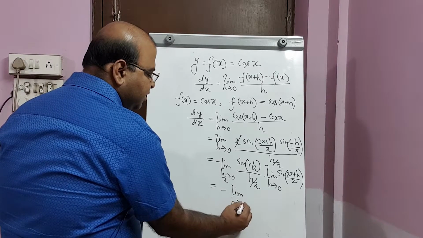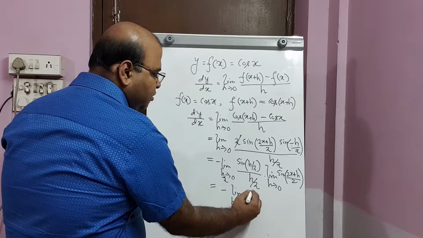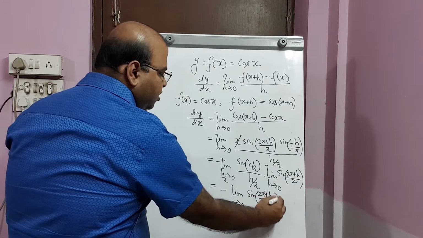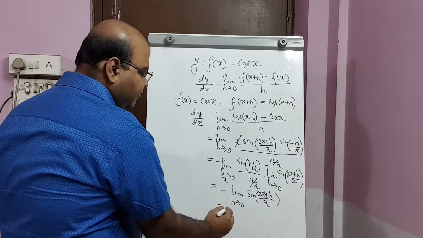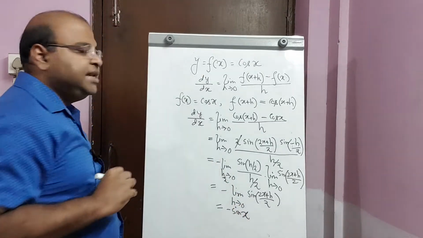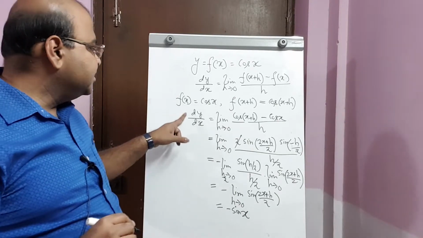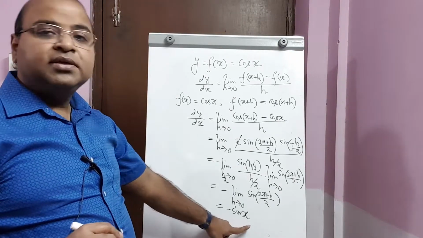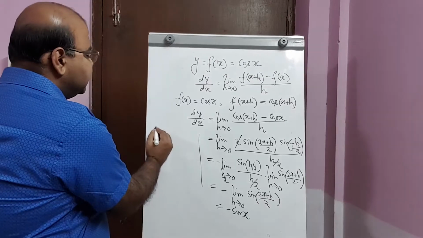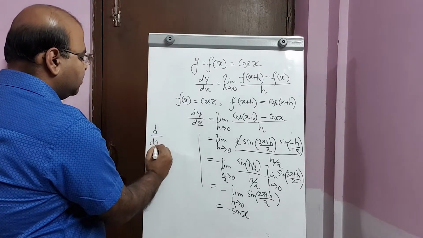So limit h tends to 0 of sine of (2x plus h) upon 2. Upon substituting h equal to 0, finally we get the answer to be minus of sin x. So here dy/dx is given by minus of sin x. So thus finally we have d/dx of y.